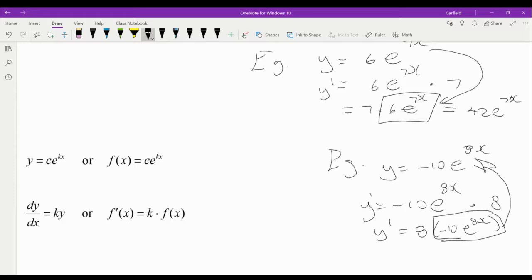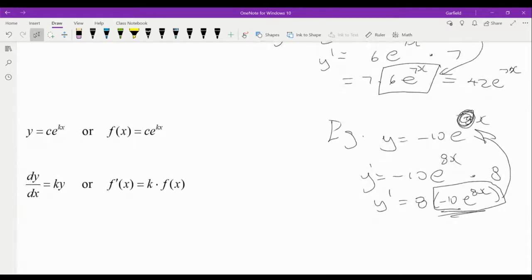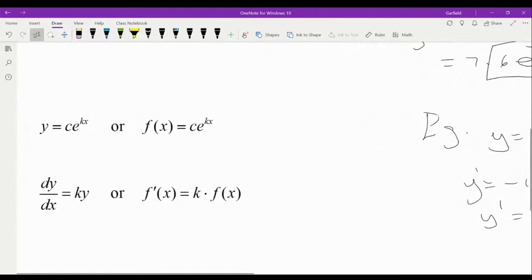So when we take the derivative of this exponential function, it's going to be the number in the exponent times the original function. I just want you to see that, because this is what I want to get to.